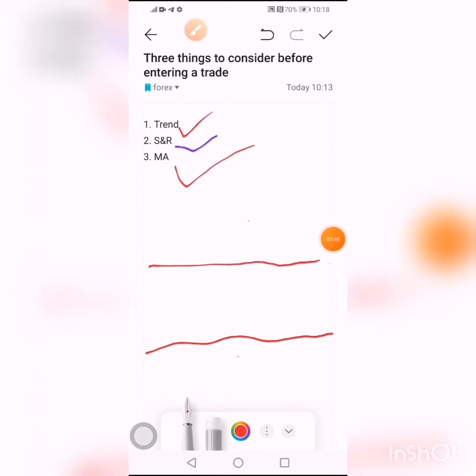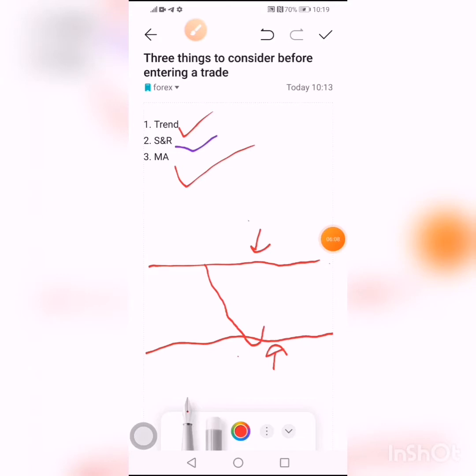This top line is the overbought level, and this down line is the oversold level, guys. Whenever your moving average moves down, crosses it and goes back, it means it's at oversold level.